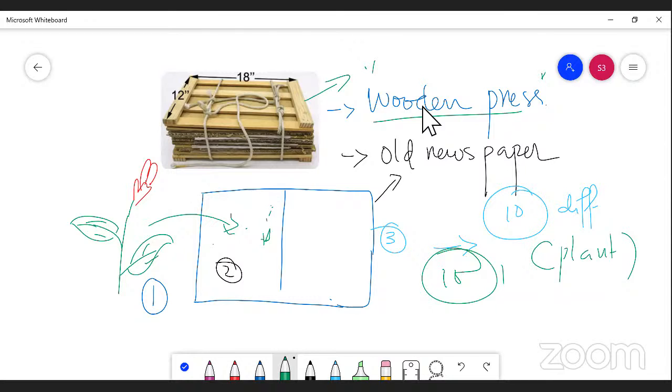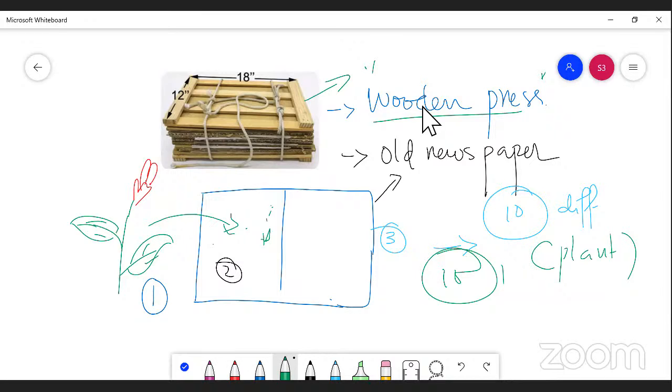After 24 hours, the very next day, take another 10 newspapers and transfer the plant material spread out on the newspaper. As I said, every newspaper consists of a plant material.